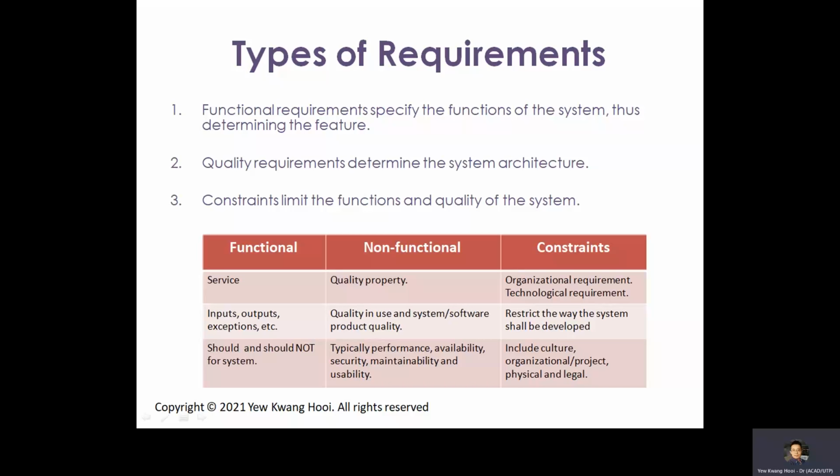So it is good for us to know the differences between the three kinds of requirements. Functional requirement is what the system does. Non-functional is about the quality, and constraints refer to restriction or limitation.